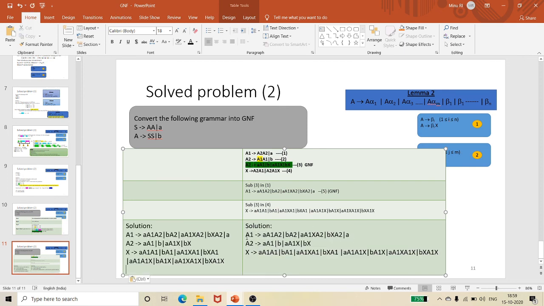You can rewrite that A1 as S, so wherever A1 comes, you can convert it into S. Here this one as S, this one as S, again here S, so many S. Then A2 as A, so simply I can delete that 2 over here.